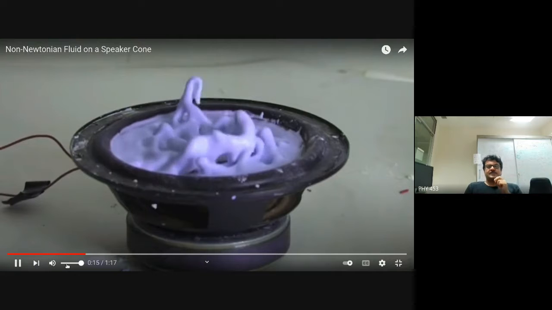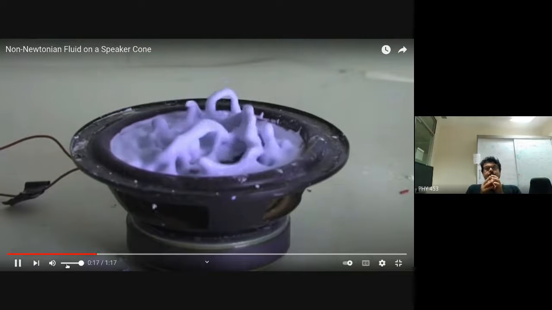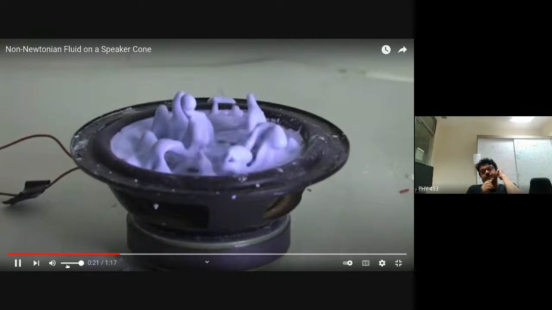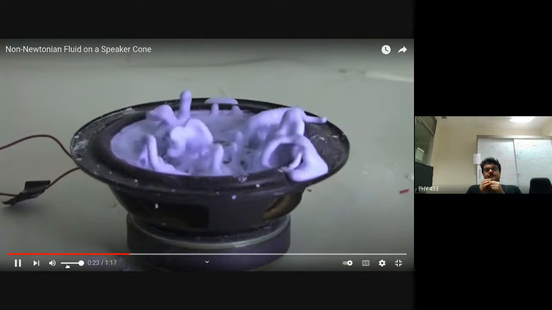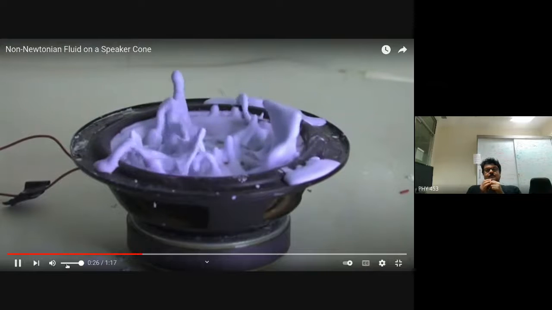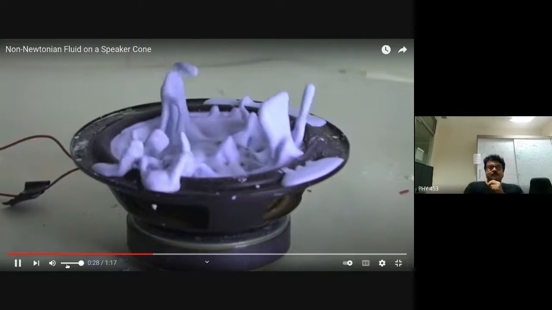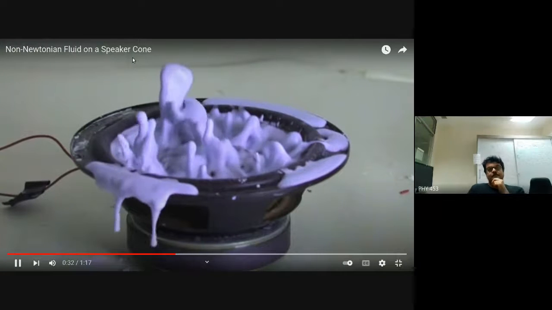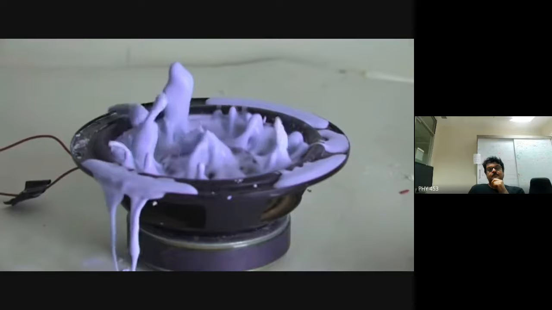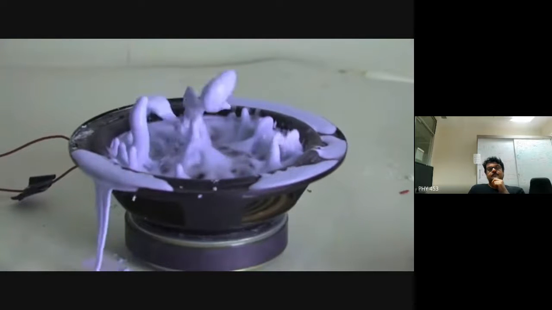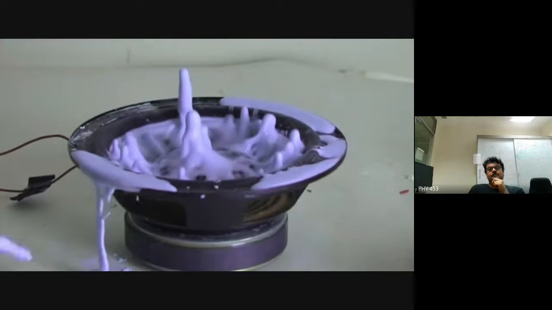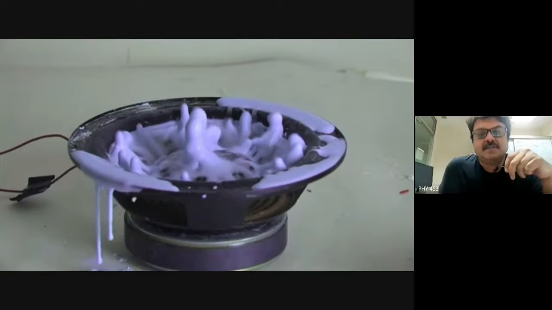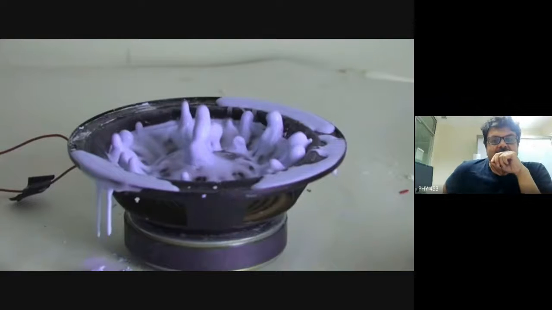Of course, you won't see this for a Newtonian fluid. So here, a non-Newtonian fluid in a speaker cone. Of course, he has to sacrifice, I guess, his speaker.